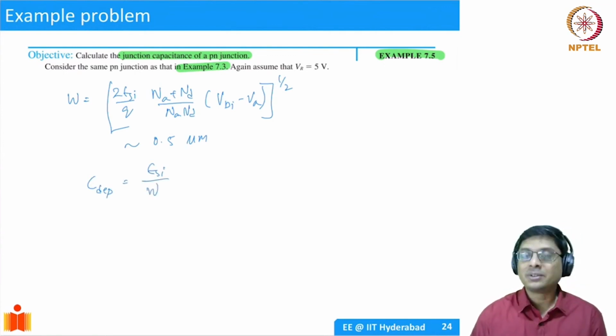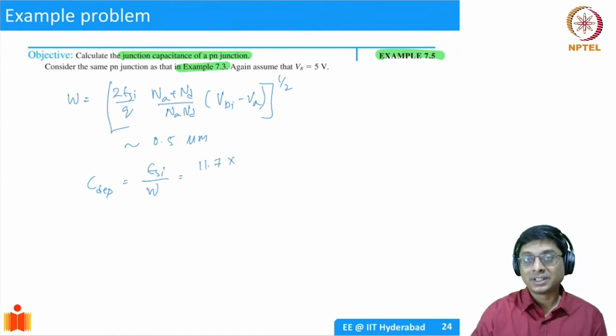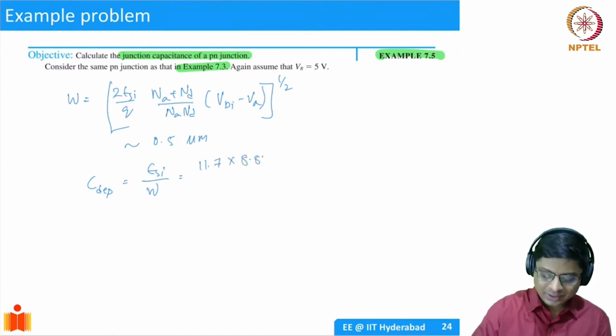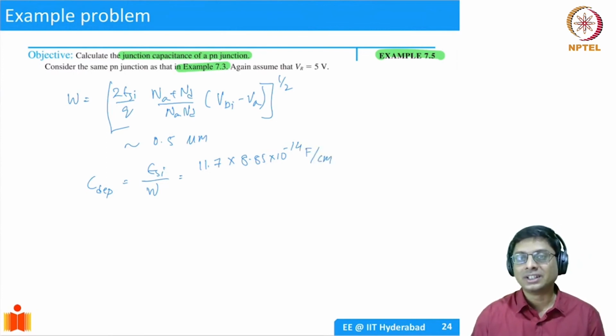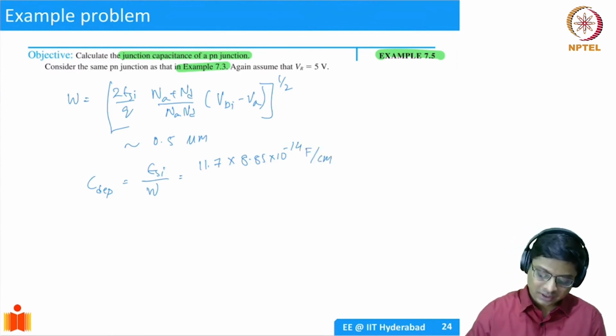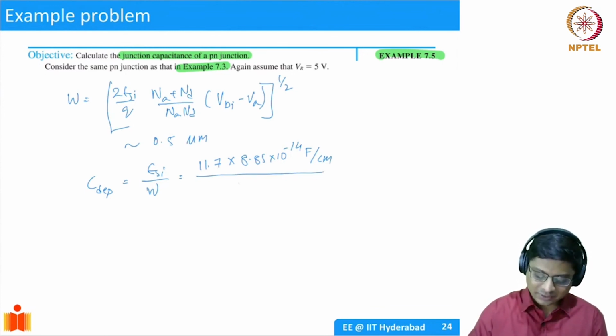So you need to be very, very careful when you're solving semiconductor problems. For one aspect, epsilon silicon is 11.7 into the permittivity, which was 8.85 into 10 power minus 14 farad per centimeter. Remember, we always give the units in centimeters in semiconductors. That's the safest thing to use. So width in centimeters is going to be 0.5 into 10 power minus 4 centimeters.